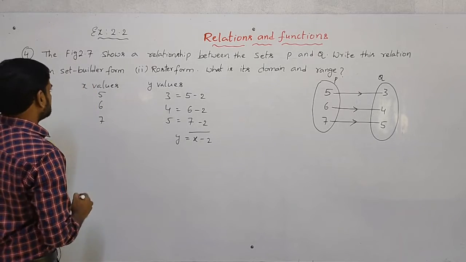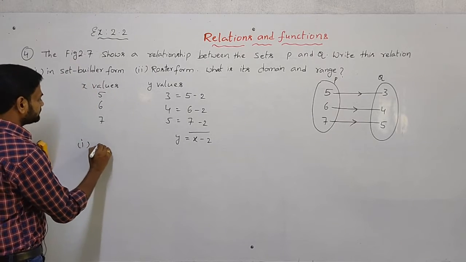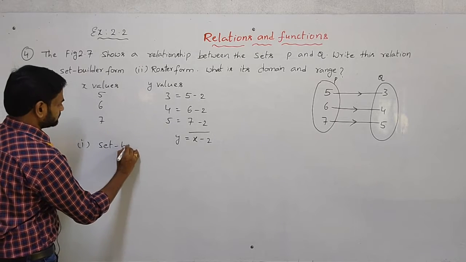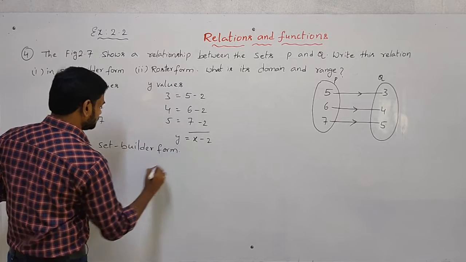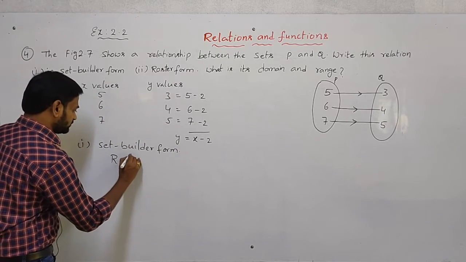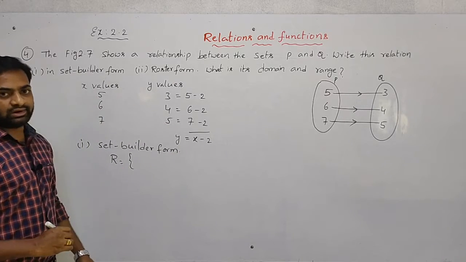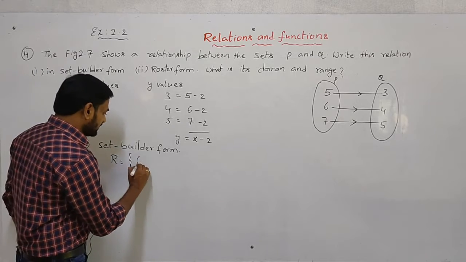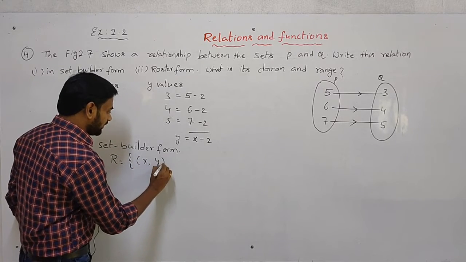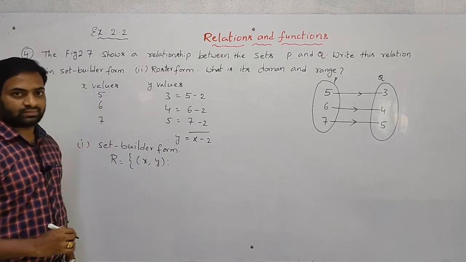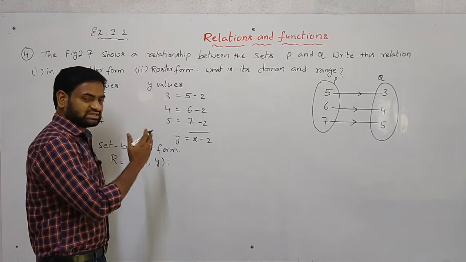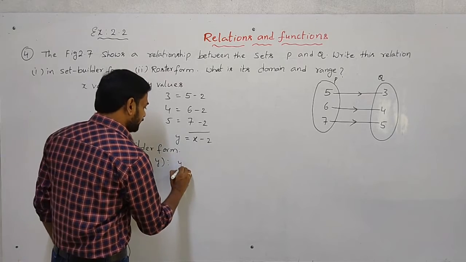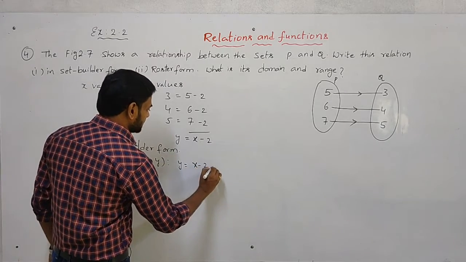Now I am writing in the set builder form. That is R equal to, where R means relation. Here what I have to take? (x, y) such that the relation between x and y is y equal to x minus 2.